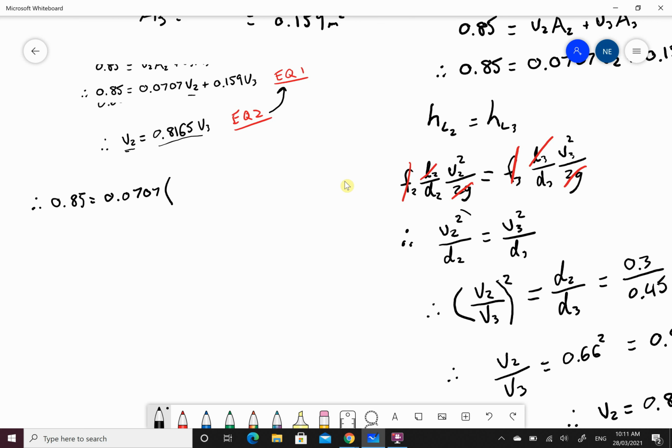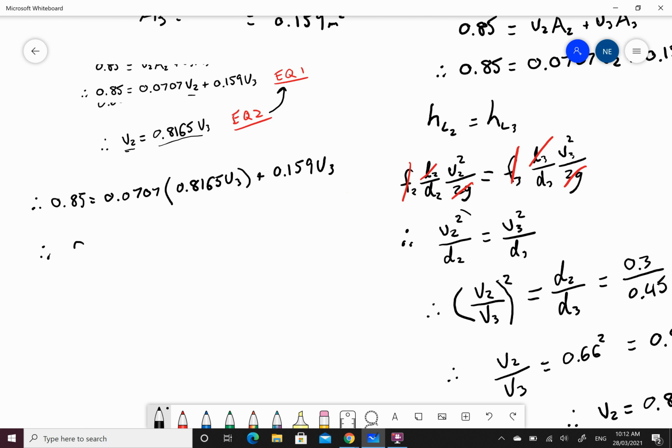Instead of V2, I'm going to chuck in the actual value of V2, 0.8165 V3, plus 0.159 V3. Therefore, multiply this and then add this.